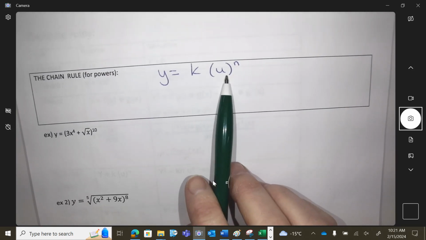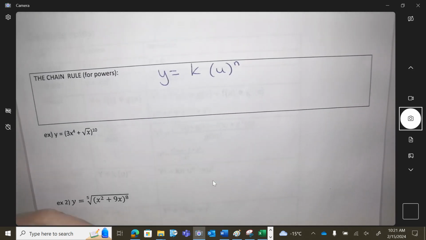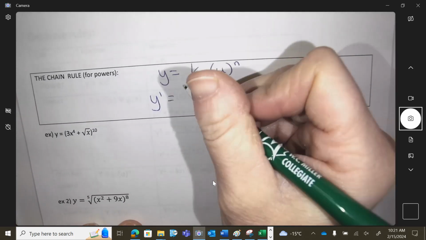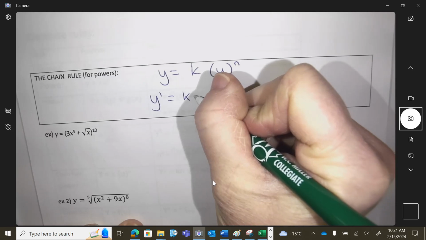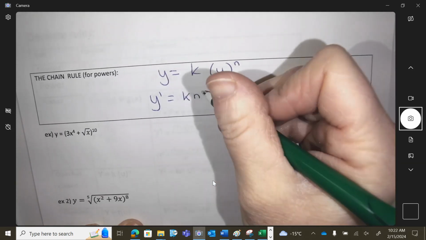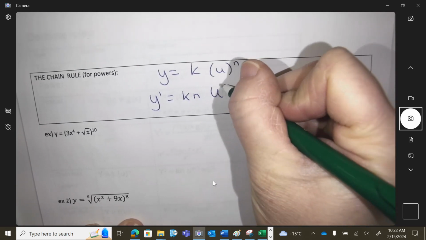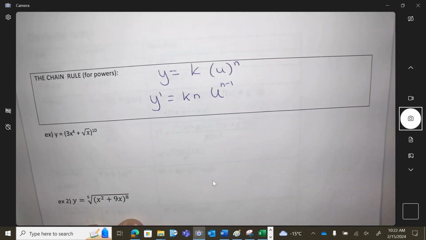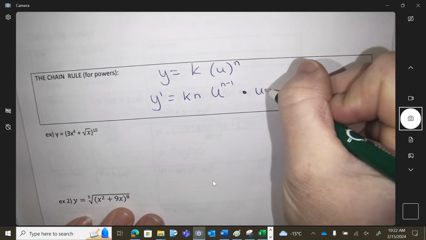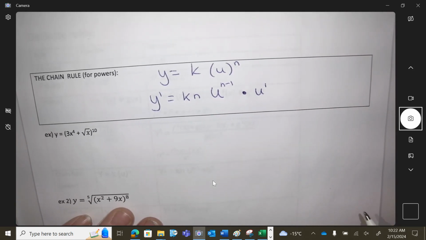So the u is representing a unit of stuff. So when we do this, we're going to go front times top, same idea, of u to the n minus 1. That was the same. And then we're going to attach the derivative of that unit.